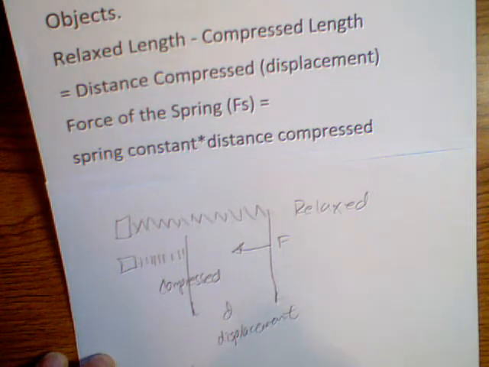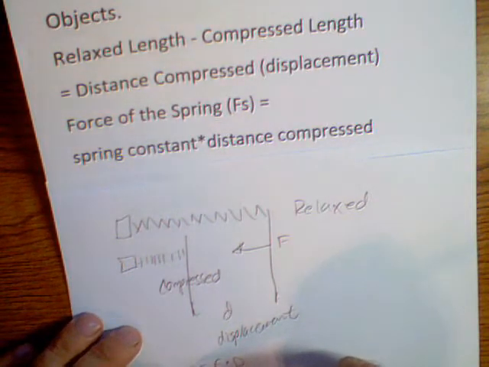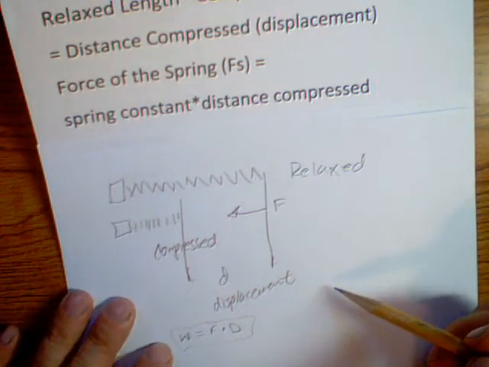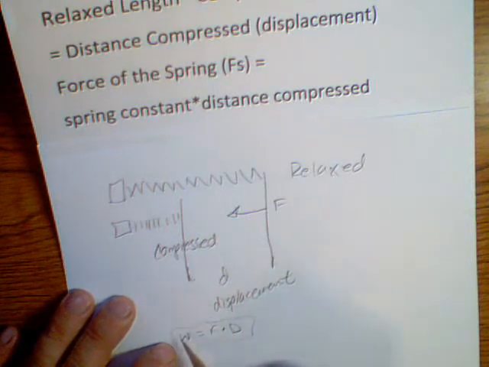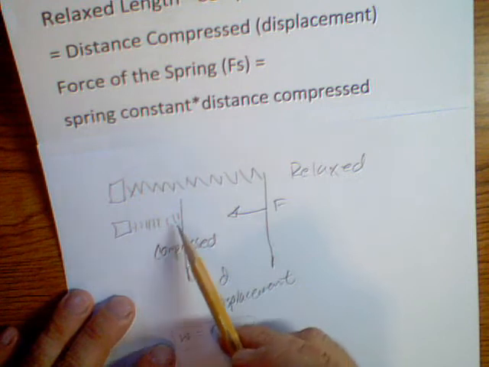And remember, work equals force times distance. What we're going to try to do is talk about the relationship between the work equation, work is force times distance, because we applied a force over a displacement, and the potential energy that we have in the spring.